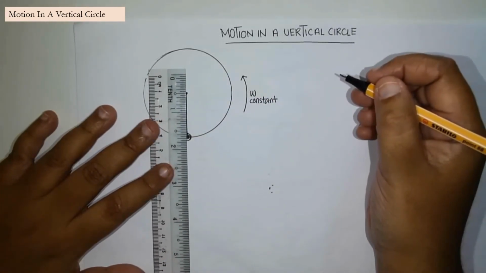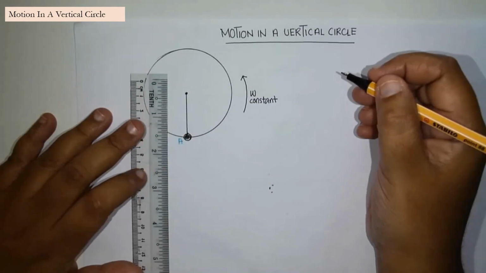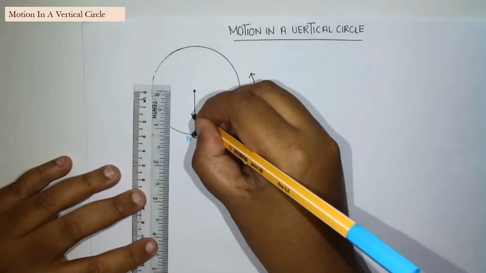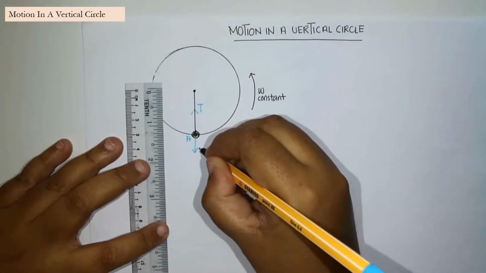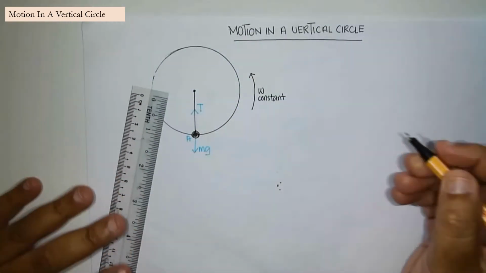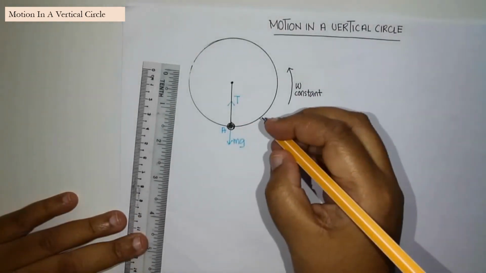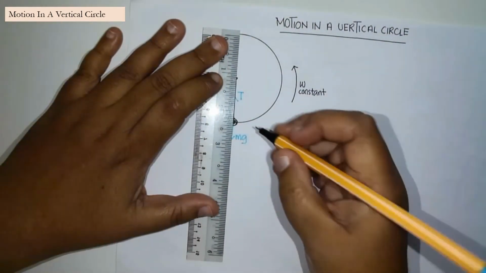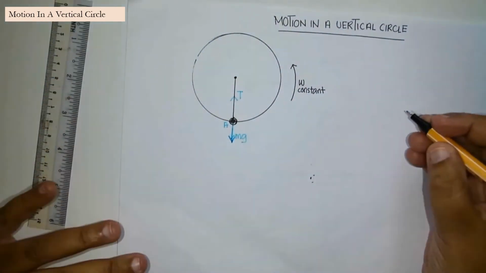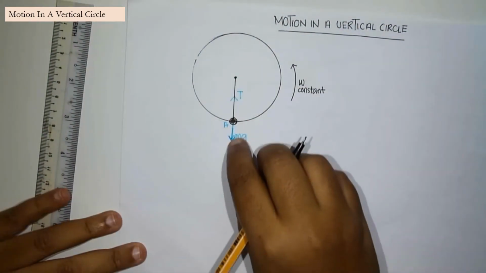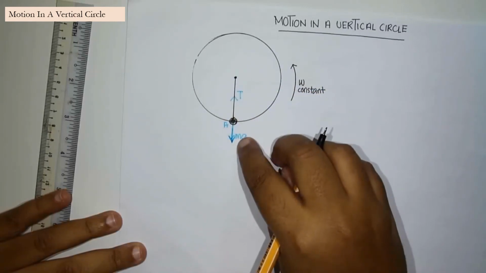So what is the first thing we do? We draw the forces. This will be the tension. This will be the mg. What will be the forces involved in the center? It will be T and also mg.